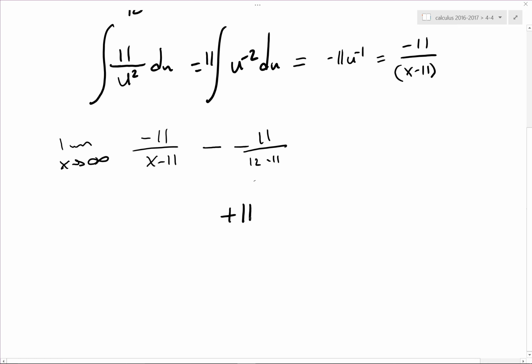But what happens to this function as x gets huge, friends? It gets tiny. It approaches 0. So the answer is 11.